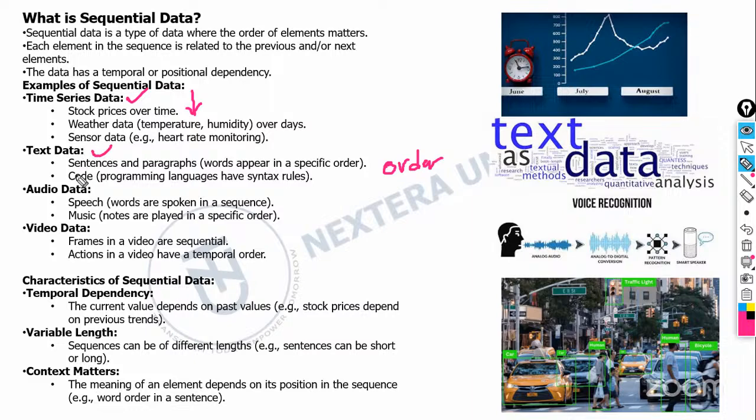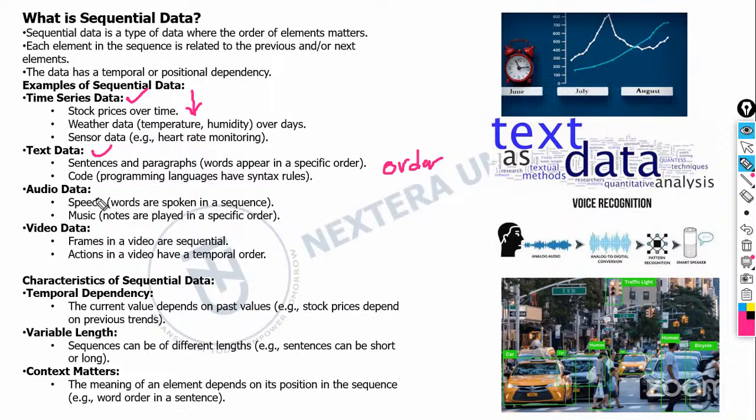In the same way, code. You take any programming language, whenever you use a programming language to define your script, it also comes as a sequence, one after the other. Then audio data, in which you have music and speech. Within an audio, you'll have music. Even music is broken into notes which have a proper specific order.